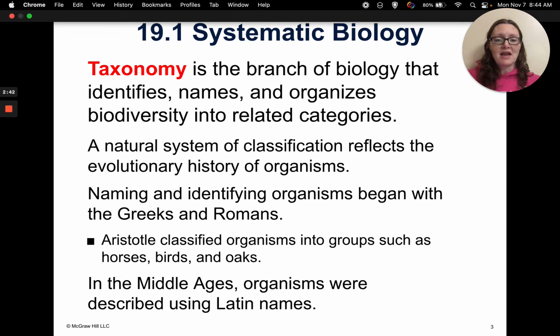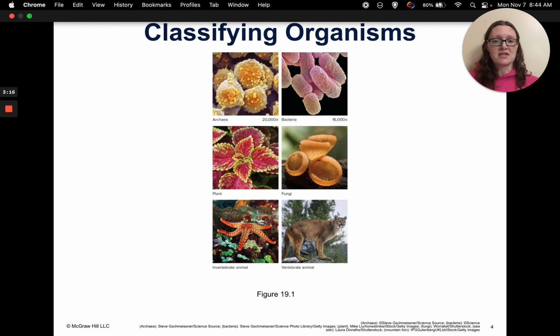So having a universal name for a bluebird helps to unify and clarify what a bluebird actually is, so that if I say Rana catesbeiana, we'll know that that is the bullfrog no matter where you're at. It just helps to clear up any confusion about the common name. The common name would be bullfrog, but the scientific name is Rana catesbeiana, which is the Latin name.